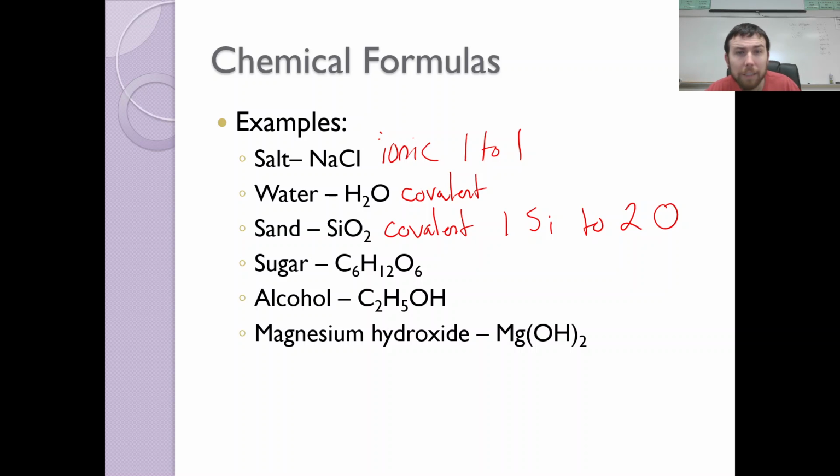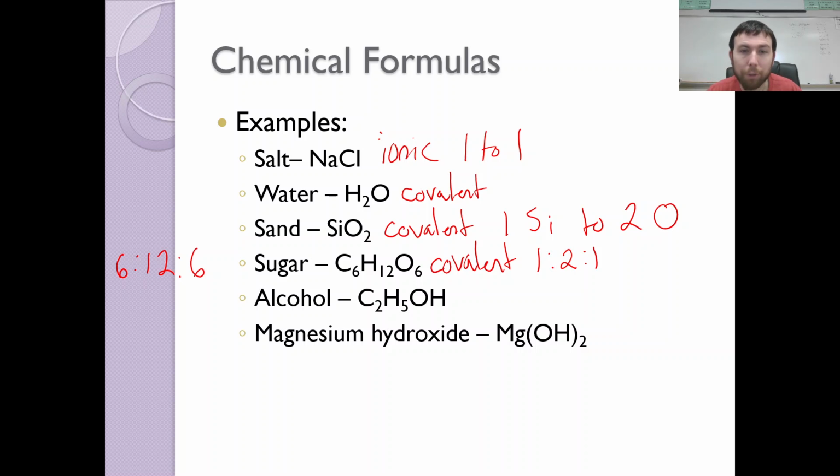But sugar is an example of a covalent compound. And there, if we look at it from the whole numbers, the ratio would be 6 to 12 to 6, or we could simplify that ratio. It's 1 to 2 to 1.